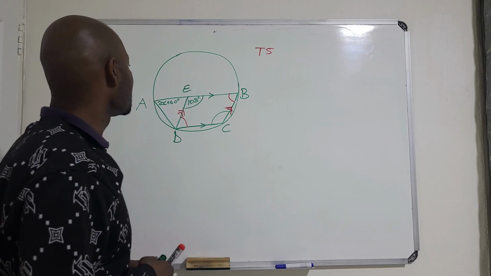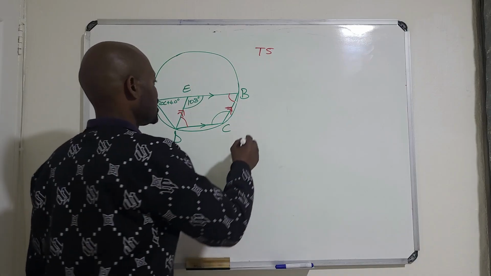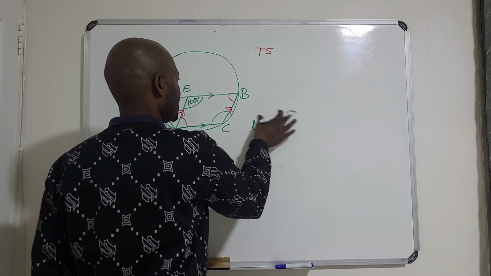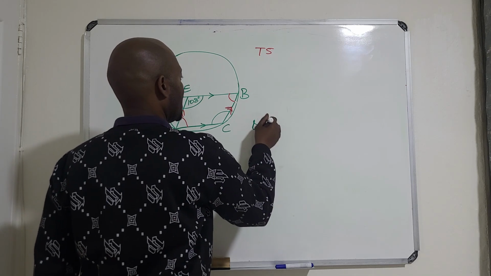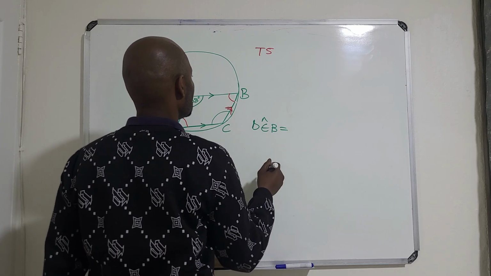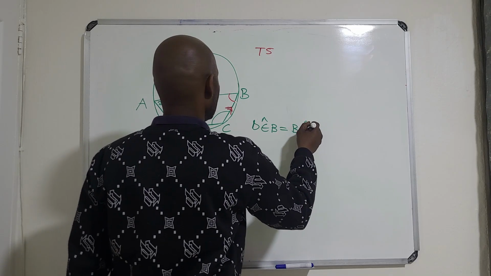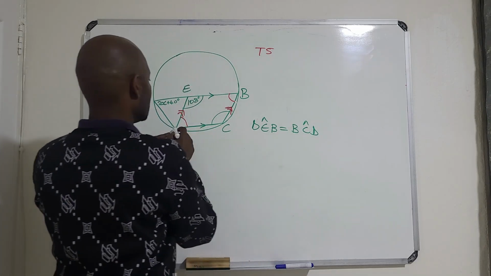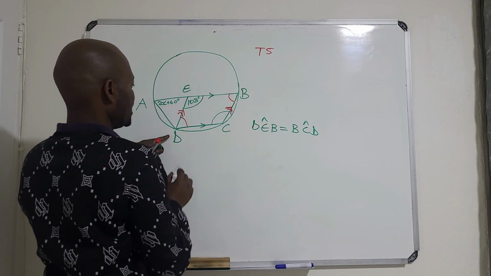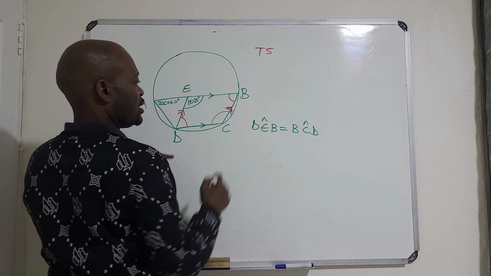For us to find the value of x, we are first going to say that angle EB, which is this angle, is equal to angle CD, which is equal to this angle.